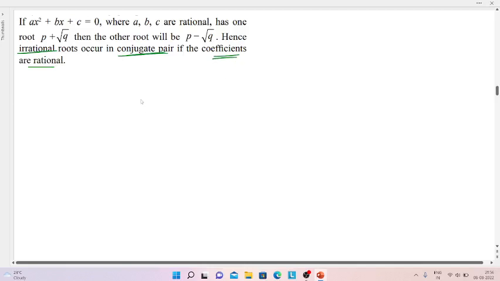So let's break this part down separately. We know that for ax square plus bx plus c equals 0, the roots will become minus b plus root under b square minus 4ac by 2a, and another root will be minus b minus root under b square minus 4ac by 2a, right? So what is the condition for irrational roots?